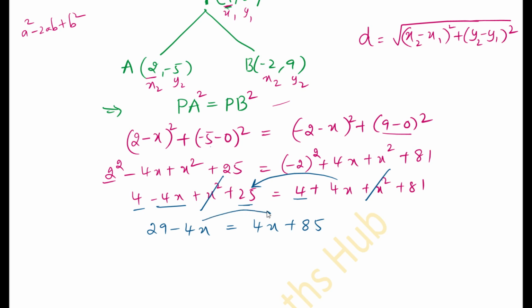Now shift minus 4x to RHS, plus 85 to LHS. 29 minus 85, which is equal to 4x as it is, minus 4x after shifting becomes plus 4x. 29 minus 85 will be equal to minus 56. 4x plus 4x is 8x.